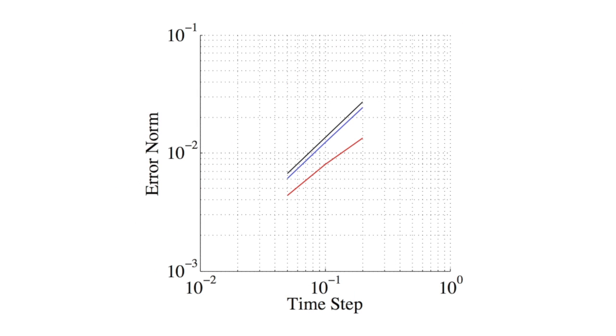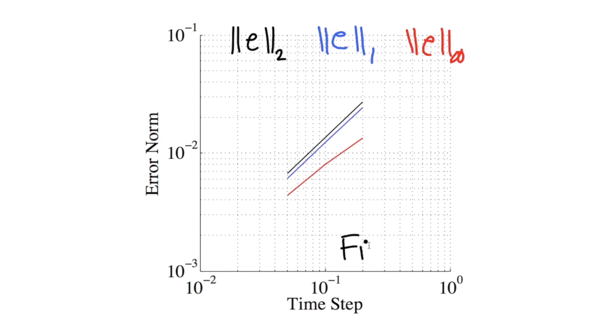Here we are plotting the error norms seen with the first order Euler method: the 2 norm, in blue the 1 norm of the error, and in red the infinity norm of the error, plotted on log scale, the error on log scale and time step size on log scale on the horizontal axis. For first order Euler, we would expect that these errors will decrease in proportion to the time step, and that is what we see here in this log scale.